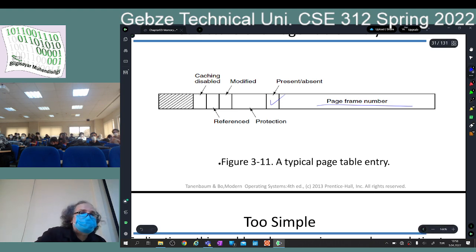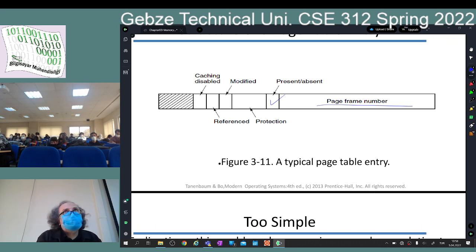And caching disabled is this: I don't want to keep this page in my cache. Well, cache is very efficient, I know, but sometimes some pages are sensitive, they are being updated. For example, if I share some part of the memory with the other CPUs, it is very difficult to cache that part in my cache, because each CPU has its own cache.